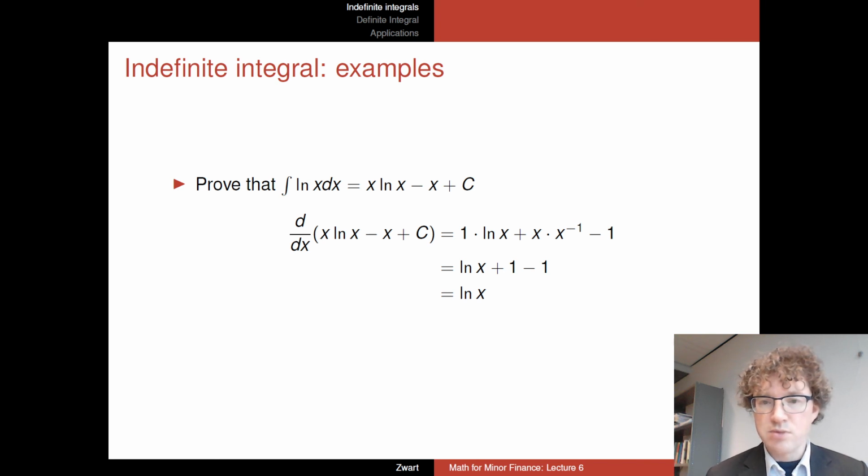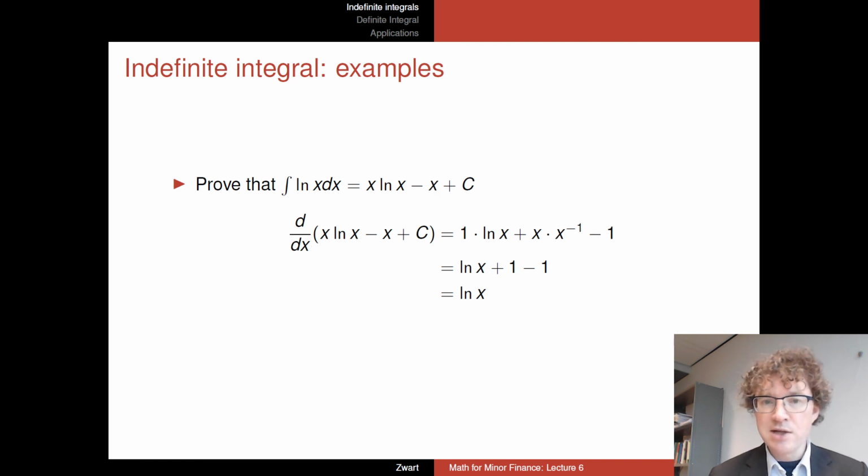Does that bring us further? Yes. This first part gives us log of x. The second part, x times 1 over x, gives just 1, minus 1. These cancel, so we get exactly log of x.